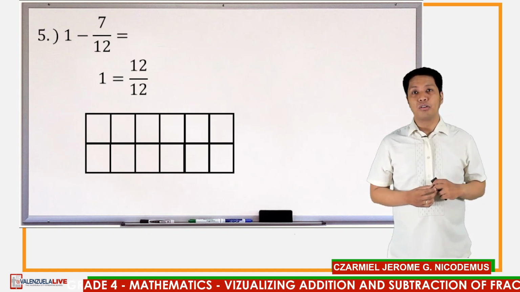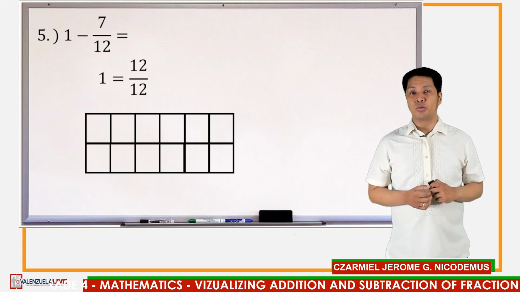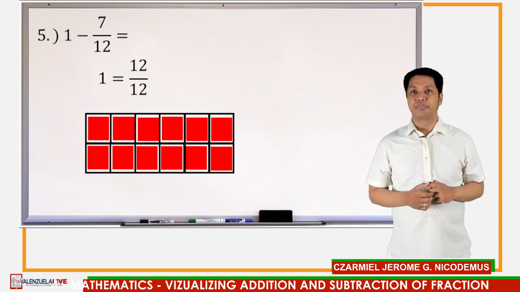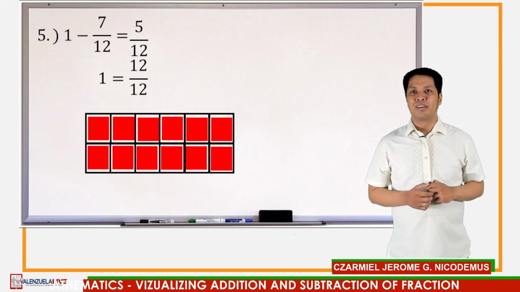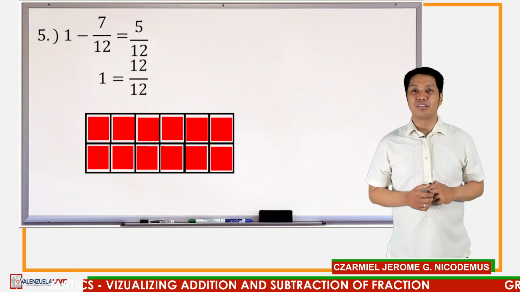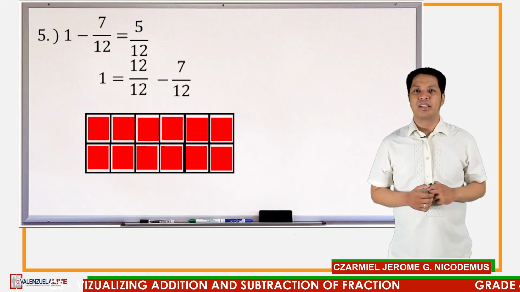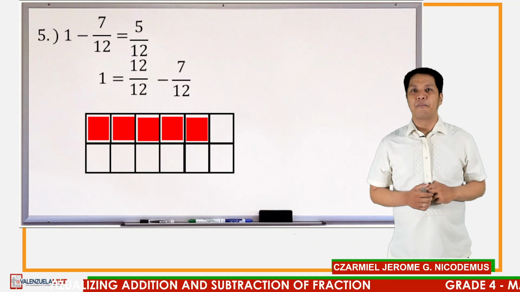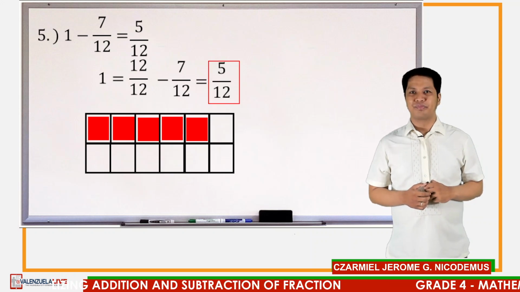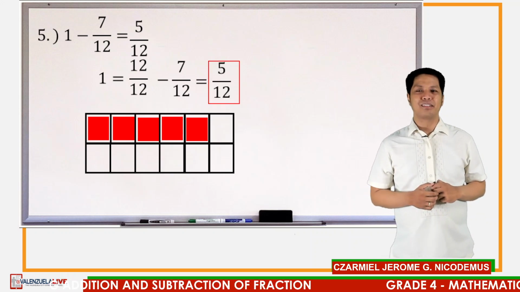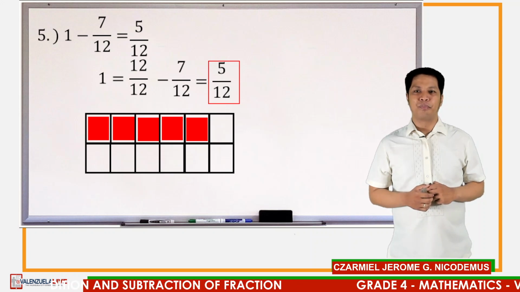So as we all know, 1 is also equal to 12 over 12. So 12 over 12 minus 7/12 equals 5/12. So 1 minus 7/12 is equal to 5/12.